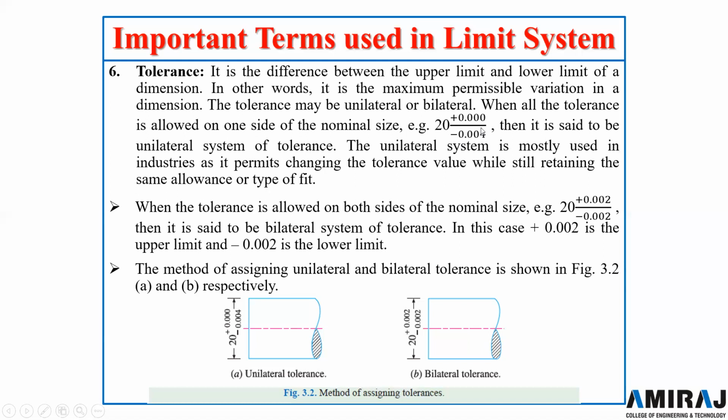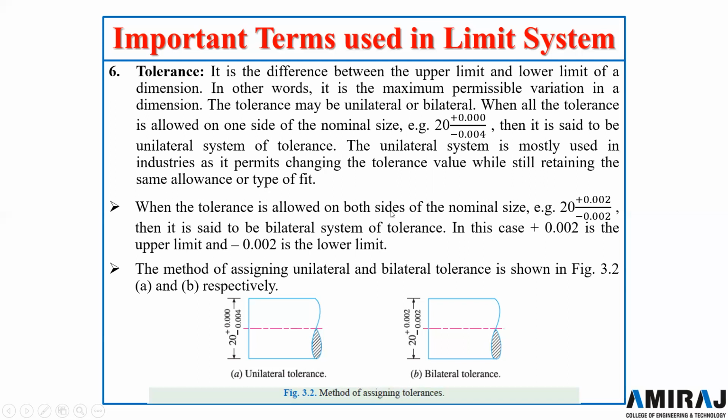Up to that size the variation is allowed, and that is called unilateral tolerance. The unilateral system is mostly used in industries as it permits changing the tolerance value while still remaining the same allowance or type of fit.